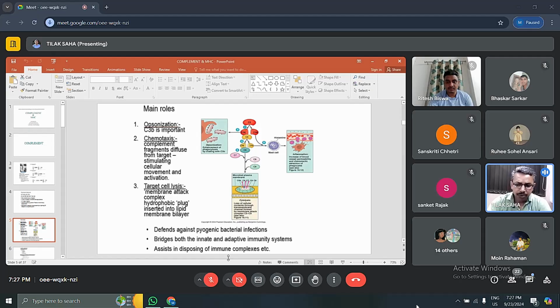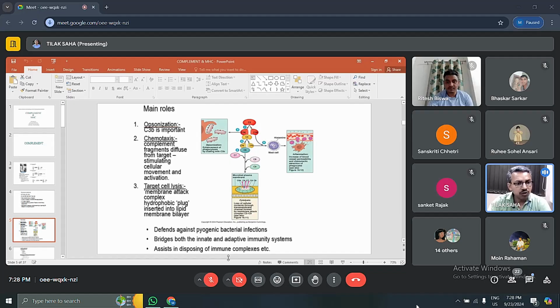Now, what will happen if these complexes go on accumulating in our system? Our system will be clogged, particularly the finer blood vessels. So the system removes these debris frequently.